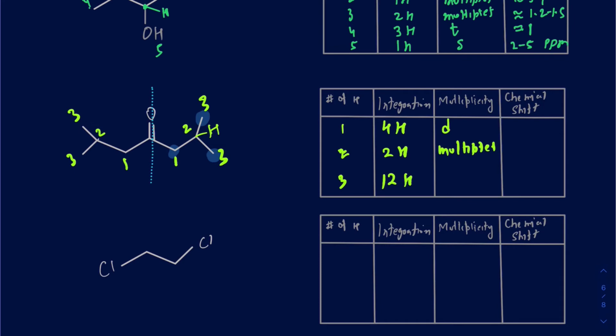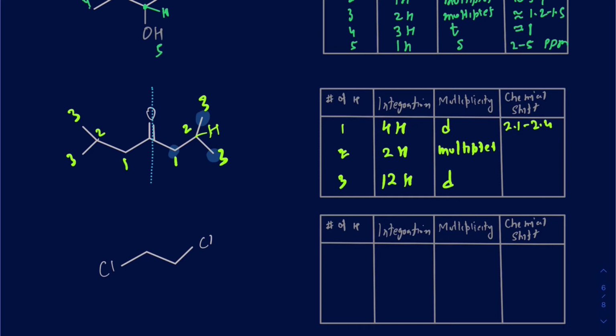And then you have 12 protons. These 12 protons, or these methyl groups, are next to carbon number 2, which has only 1 proton. So that's again going to be a doublet. Now, as far as the chemical shifts go, if you have a carbon that's next to the carbonyl, like in this case, it's going to show up anywhere between 2.1 to 2.4 roughly.